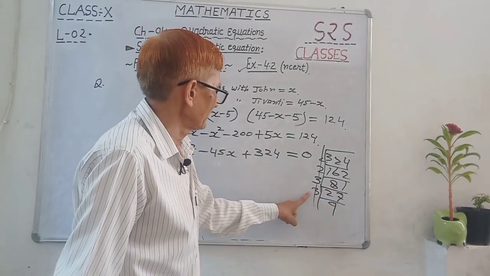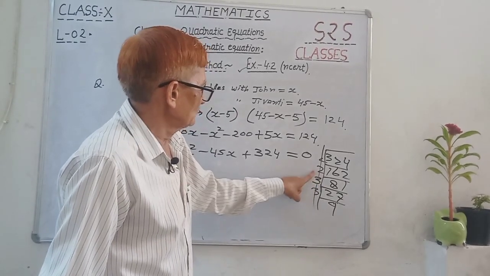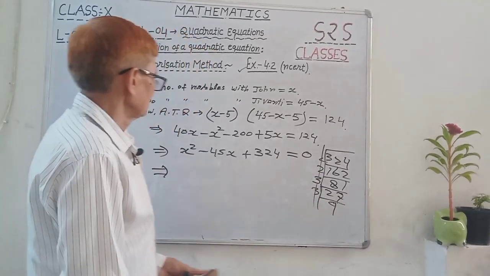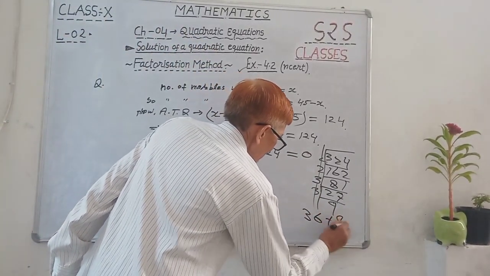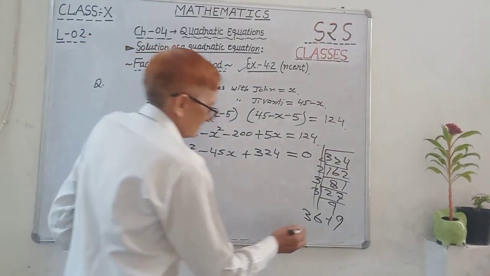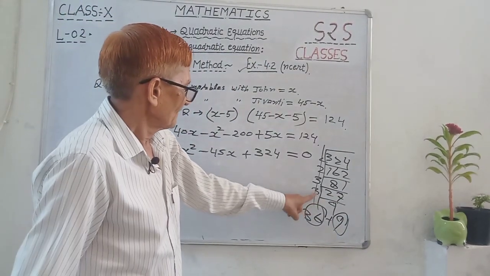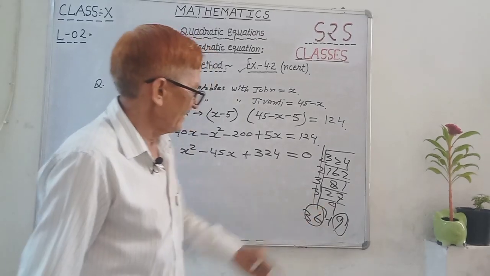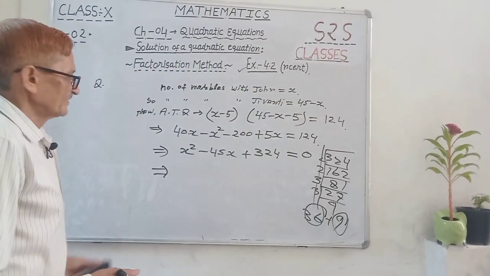We have 3 3s are 9, 9 2s are 18, 2s are 36. 36 and 9 is 45. Okay, so we take 36 and 9. 36 into 9 is 324 and the sum is 45.